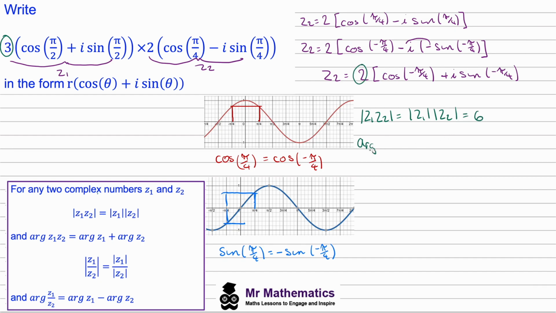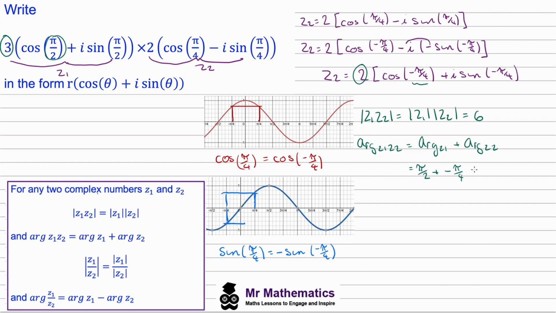And the argument of Z1 Z2 will be equal to the argument of Z1 plus the argument of Z2. So the argument of Z1 we know is pi over 2, and the argument of Z2 we can use as negative pi over 4.